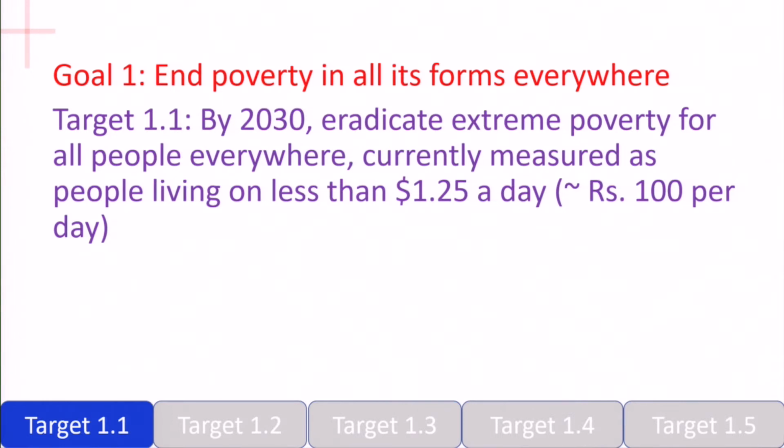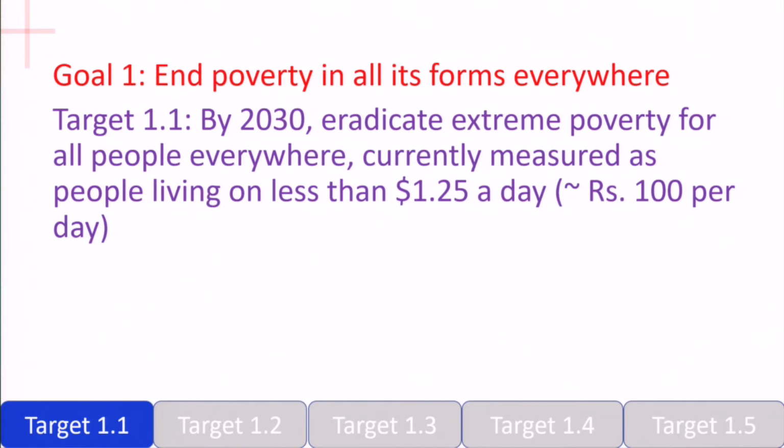Target 1.1 says that by 2030, we are going to eradicate poverty everywhere in the world, which is currently measured as people living with less than $1.25 per day. It means around 100 rupees per day.